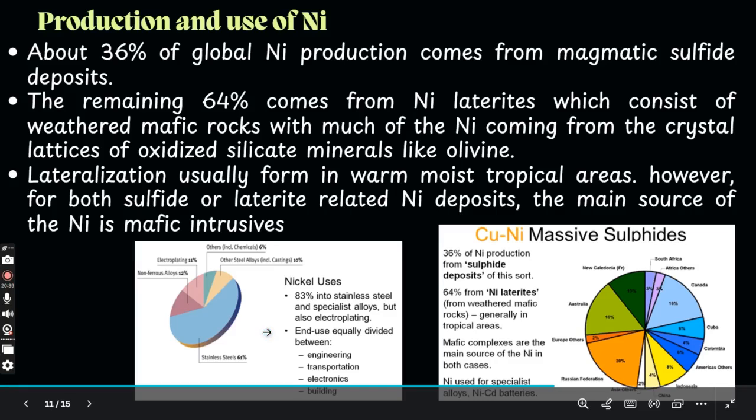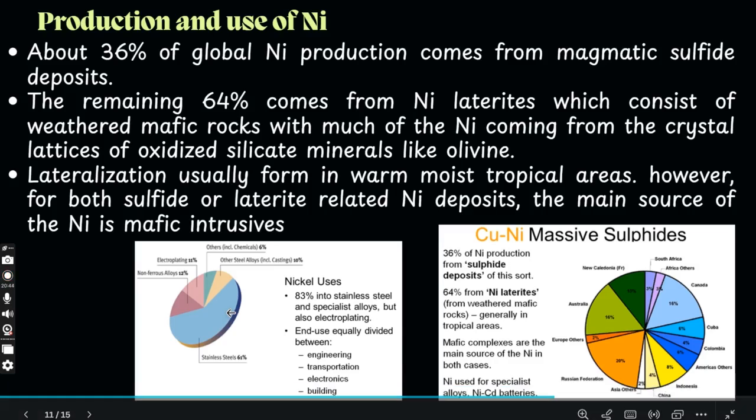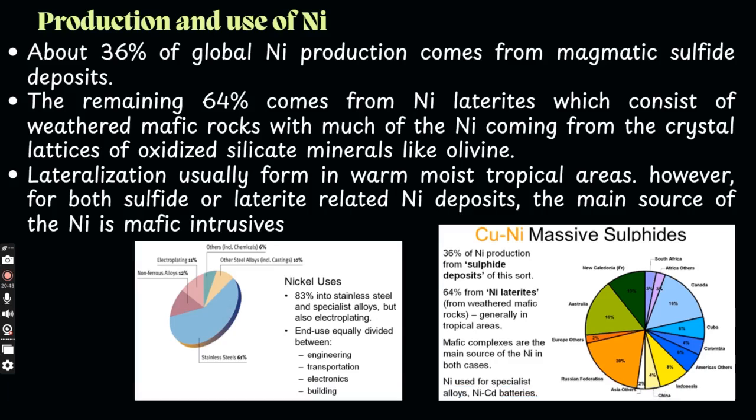Of course stainless steel is highest, then different types of alloy, and electroplating also. About 30% of the global nickel production comes from magmatic sulfide type deposits, and the remaining 64% comes from nickel-rich laterites.